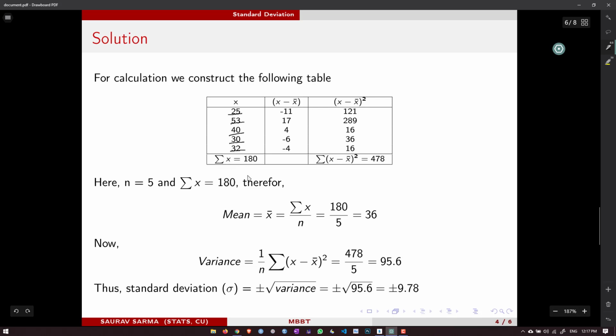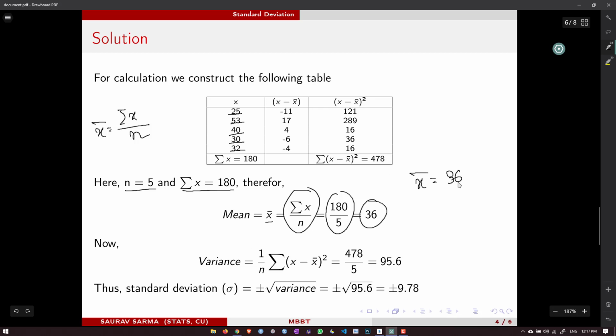From summation x, we can calculate x bar. X bar is summation x divided by n. In this case, n is 5, summation x is 180. Therefore x bar is 180 by 5 equal to 36. So we got our x bar as 36. That is your step 1.